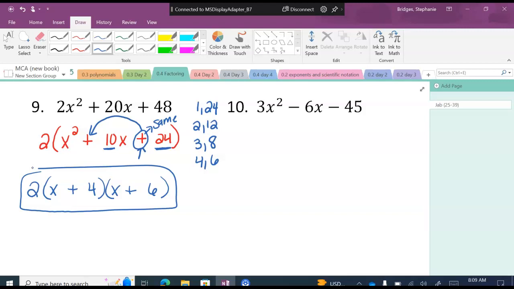Again, every problem that we factor, the very first question we always ask ourselves, do we have a GCF? If we do, pull it out, then look at what's left and factor it the same way we've been factoring everything else. What numbers of the last term either add or subtract to give you a middle term, and you can choose your signs at the very end.